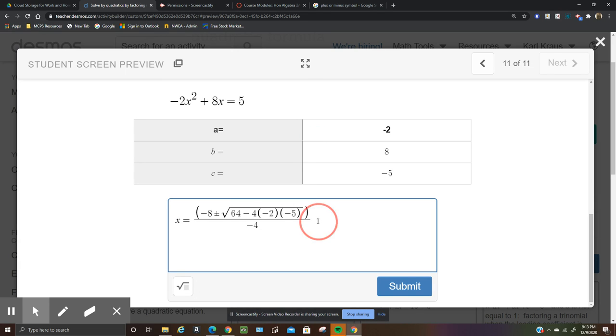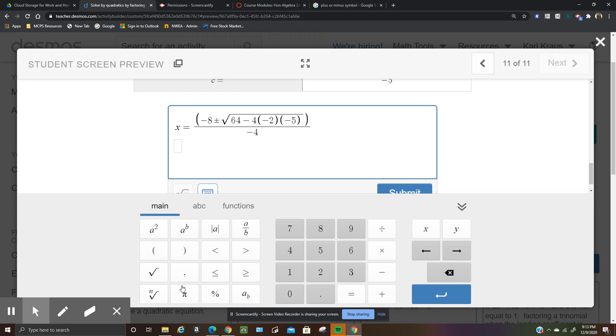And then simplifying what's under the radical there. This becomes 8 times 5, and it's going to be negative 40.